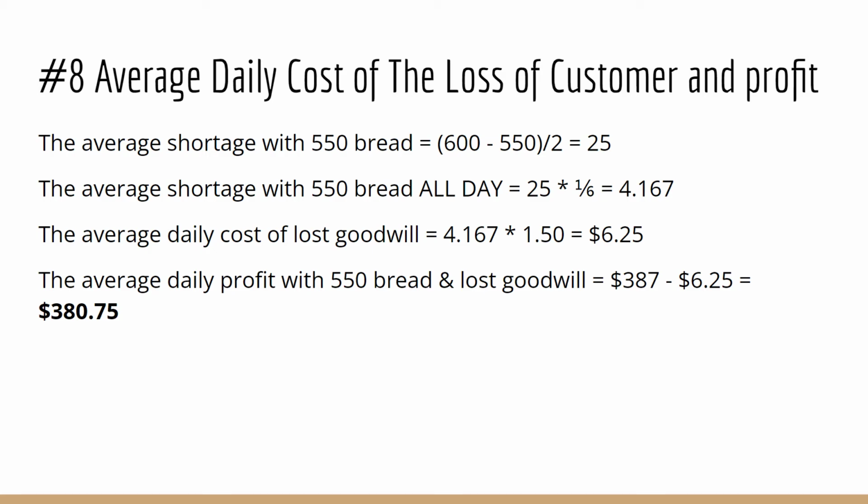We got 4.167, and the average daily cost of lost goodwill is 4.167 times 1.5, which gives us $6.25. And the average daily profit with 550 bread and the lost goodwill is 387 minus $6.25.